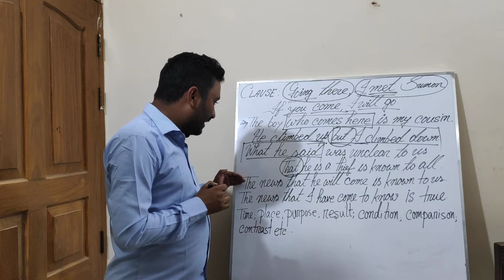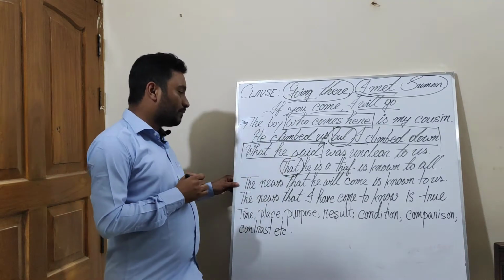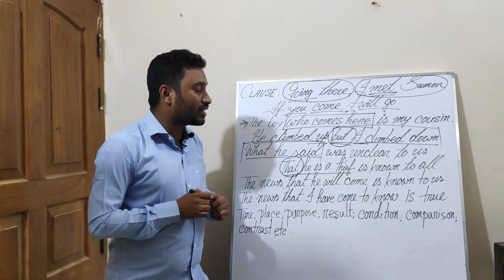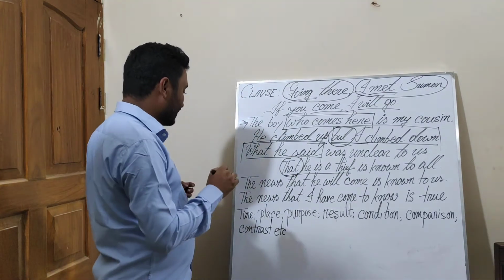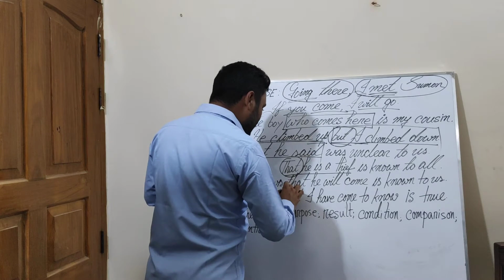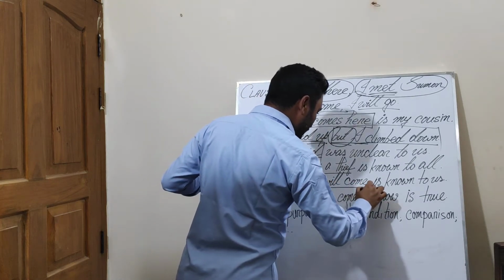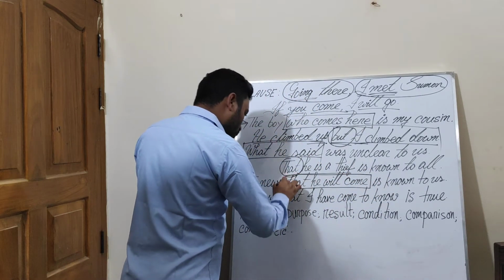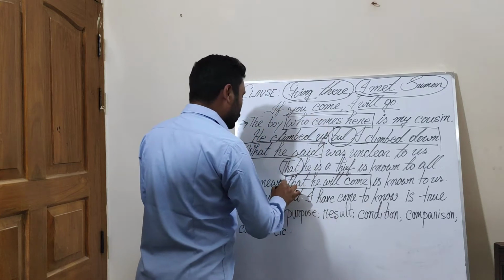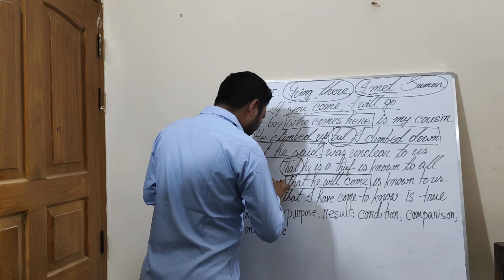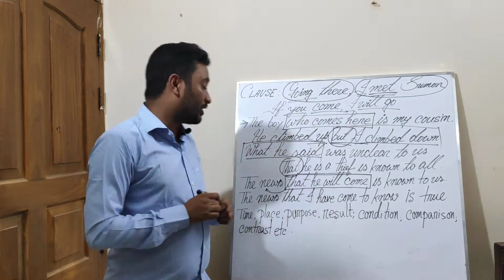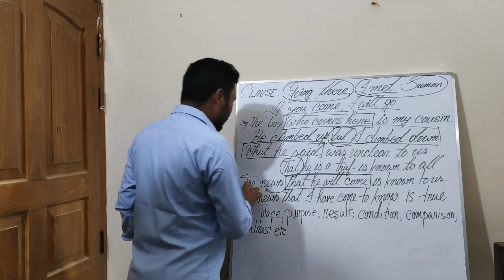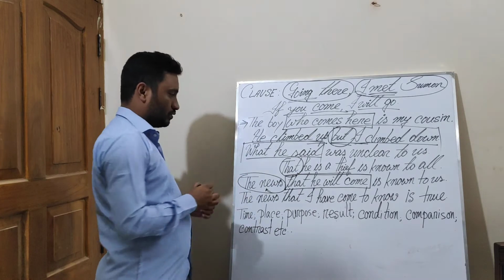Now we can come to the very next sentence where I have written, the news that he will come is known to us. Here in this sentence, there is a clause that he will come. What is this clause doing? He is actually giving extra information about the subject, about the first noun.